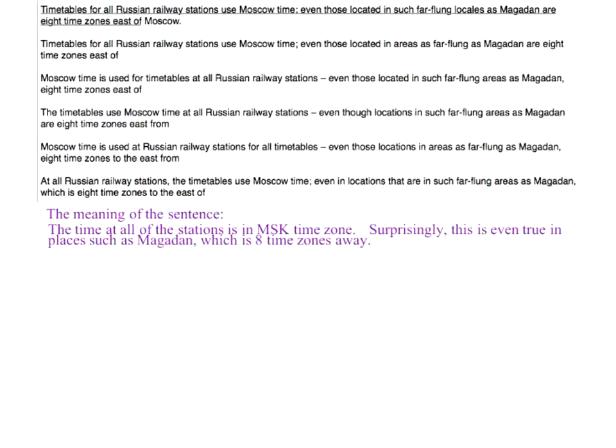And you want to have modifiers that do this. So let's take a look. First, you have your semicolons. That's like last time. You need to have sentence, semicolon, other sentence. In choice A, timetables, blah, blah, blah, use Moscow time. That's a sentence. And then even those located in these places are there.